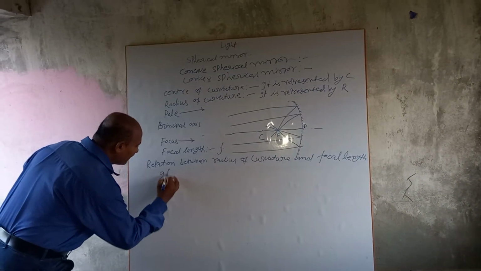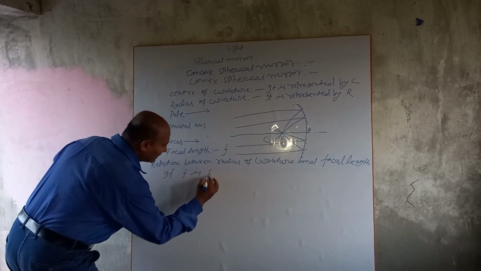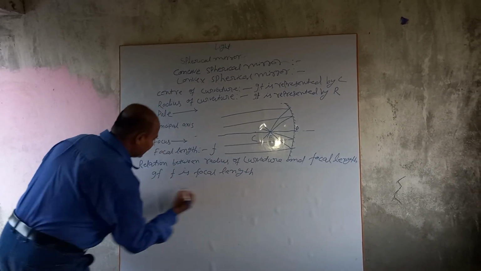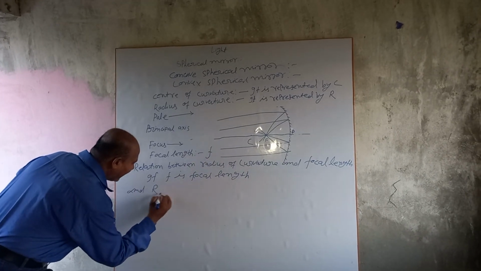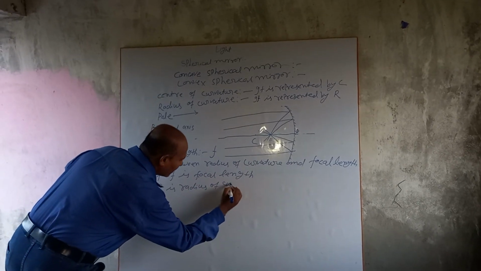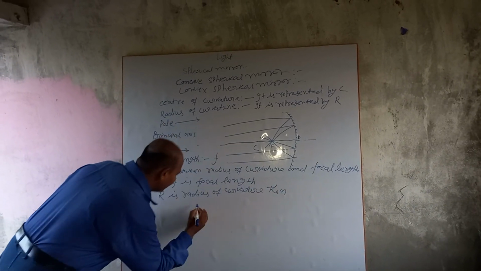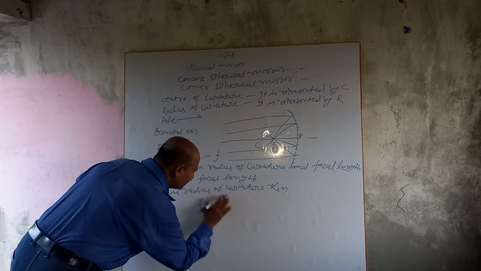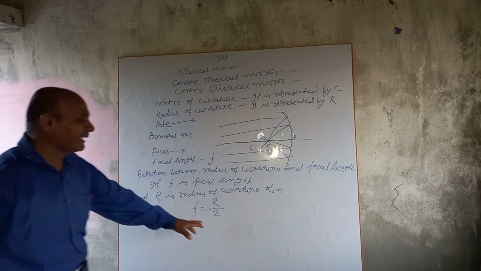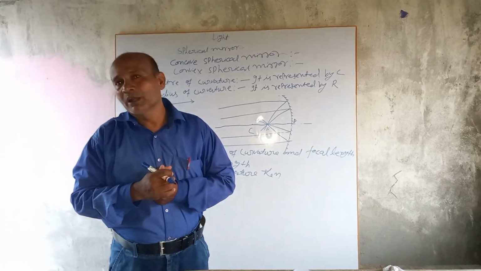If f is focal length and R is radius of curvature, then f is equal to R by 2. It means focal length is equal to half of the radius of curvature. Thank you.